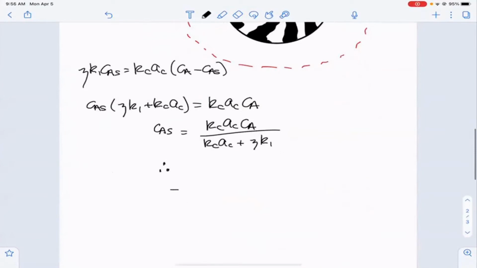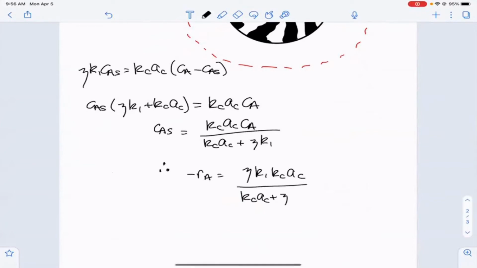So now RA equals our effectiveness factor times K1 times Kc Ac over Kc times Ac plus the effectiveness factor times K1, times CA.